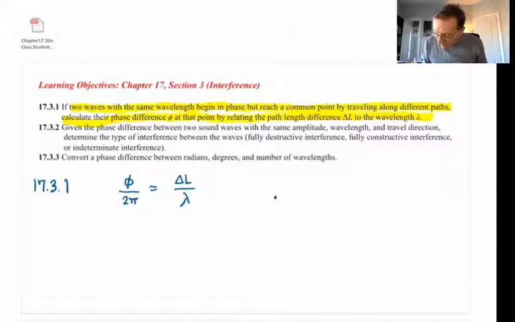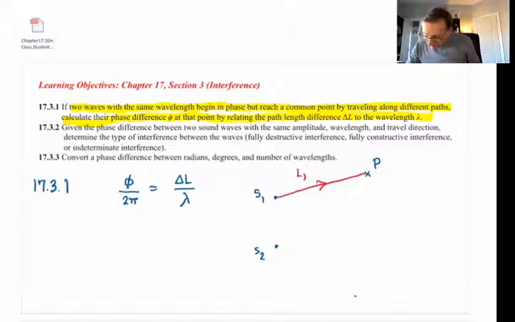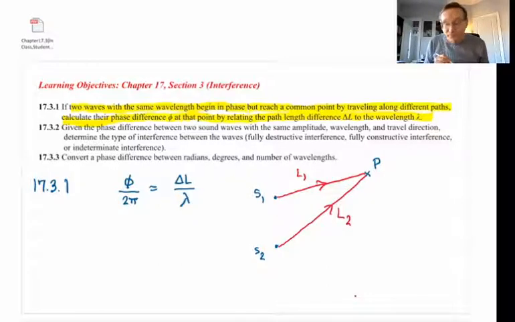So if I draw the two point sources in an overhead view, S1 and S2, emitting spherically symmetric sound waves in all directions, and then there's the common point P. The straight line distance that the waves have to travel from source 1 to get to P is L1. And the straight line distance that the waves have to travel from source 2 to get to P is L2.